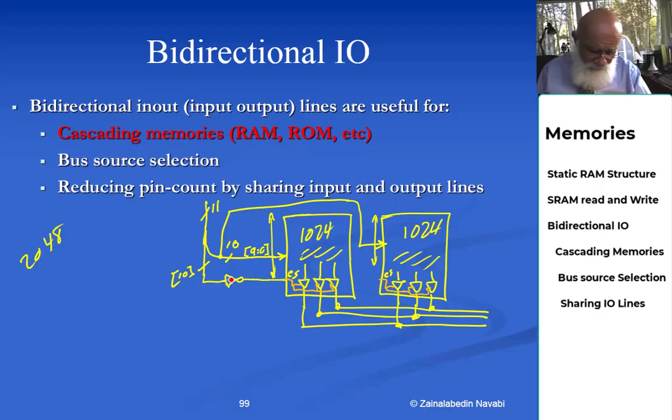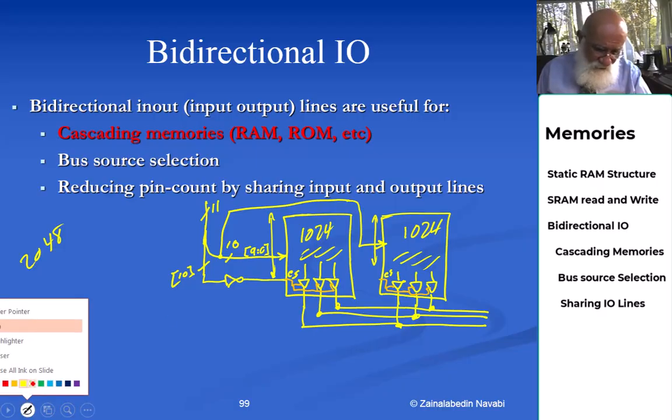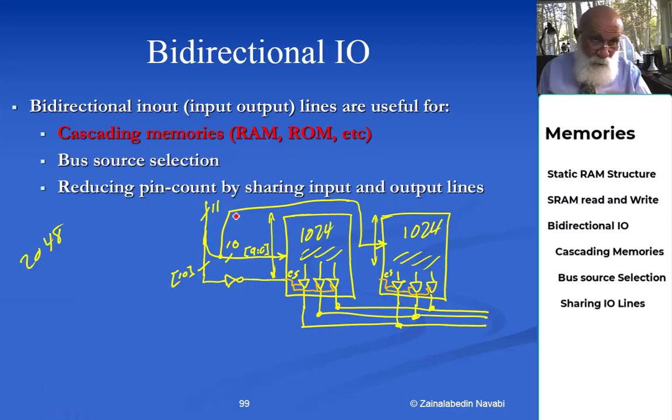Now let's look at this. If my address, or the most significant bit of the address, is 0 here, then a 0 here is a 1 here, and therefore the memory on the left will be selected and puts its data on these outputs.